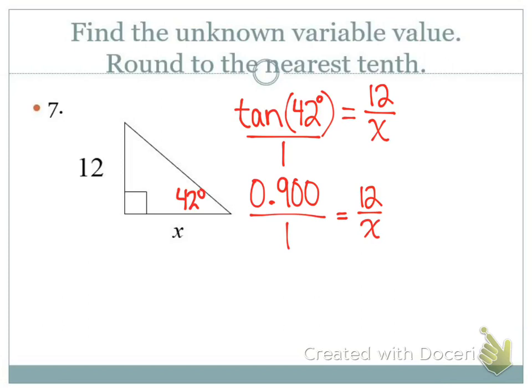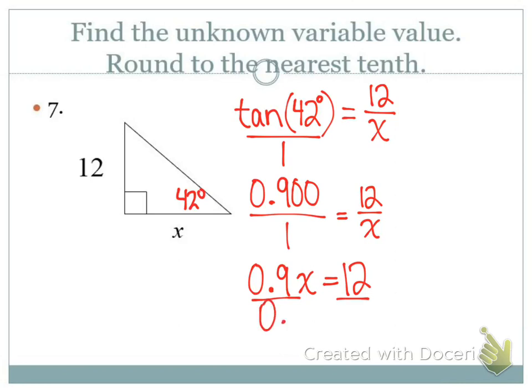When we cross multiply, I'm going to be multiplying 0.9 times x. We're just cross multiplying. So 0.9 x equals 12 times 1, which is 12. To get x by itself, what am I going to do?